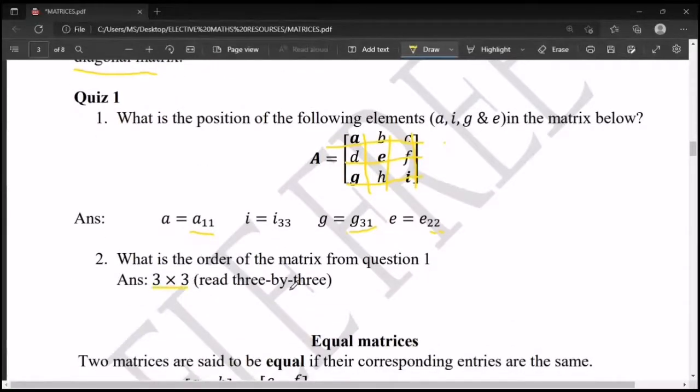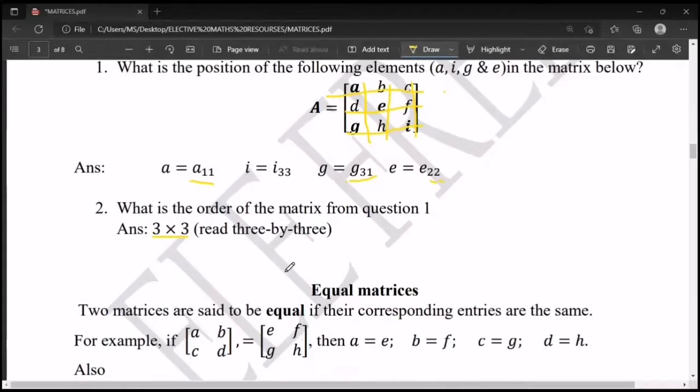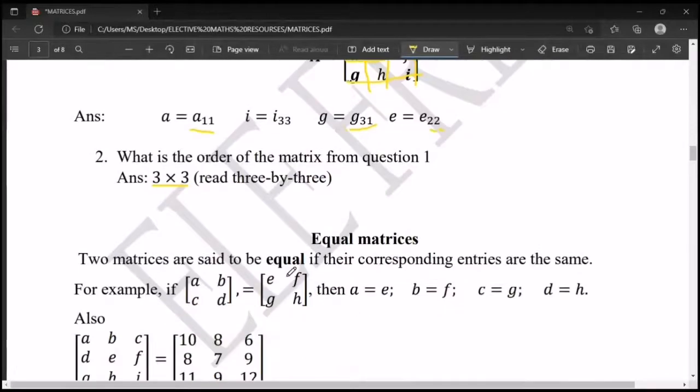All right. Let's take another type. When we say equal matrices, 2 matrices are said to be equal if their corresponding entries are the same. So with this matrix, let's say this is matrix A and matrix B. We are comparing, they are corresponding.